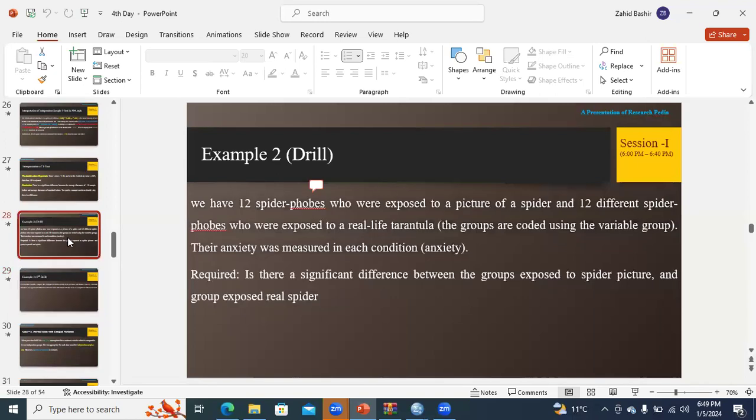In between, if anyone has any questions until this level, he or she may ask. The remaining participants are requested to apply the process that you have learned using example 1 on example 2.